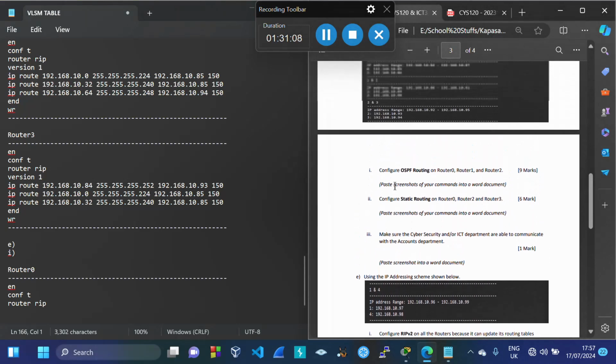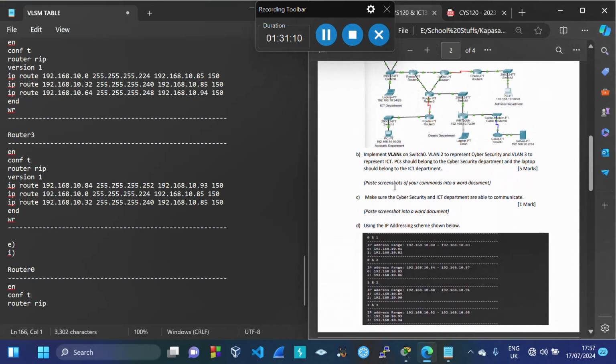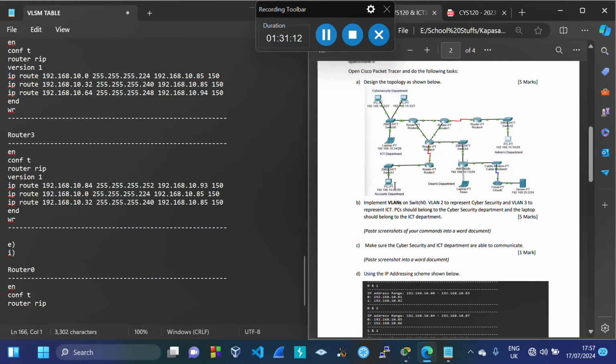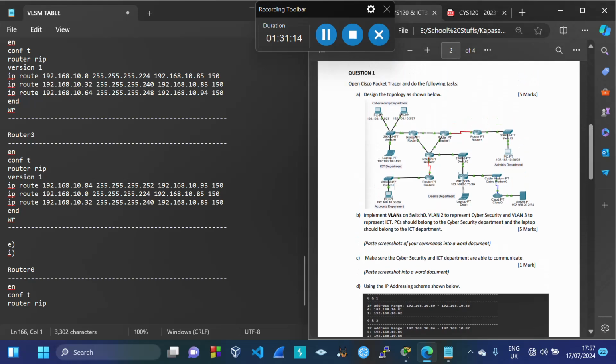I just need to understand what version 2 is all about. RIP version 2, or dynamic RIP version 2, is all about you broadcasting the IP addresses for the networks. So for example, we are targeting router 2. Router 2 knows about cyber security, the ICT department, router 1 and router 2 because they are directly connected. So we'll start by broadcasting for cyber security.